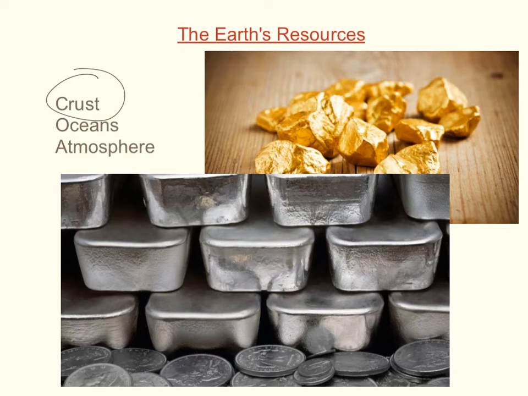We can get salt from the Earth's oceans, and we can extract gases such as oxygen and nitrogen from our atmosphere. Take a moment now to list as many different other resources that we can obtain from either the crust, the oceans, or the atmosphere of our planet.